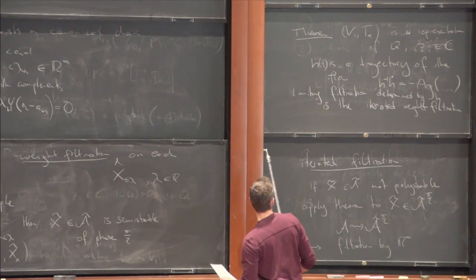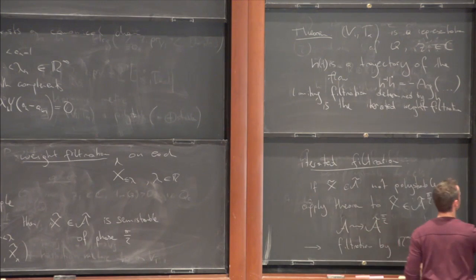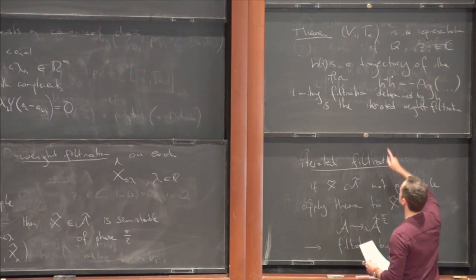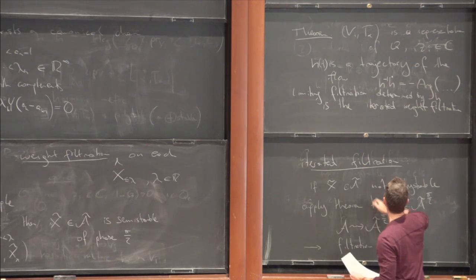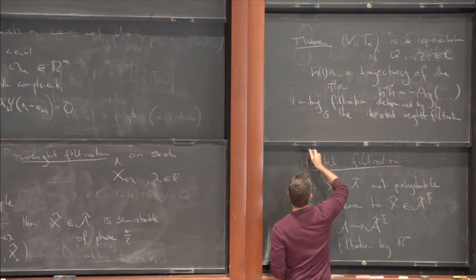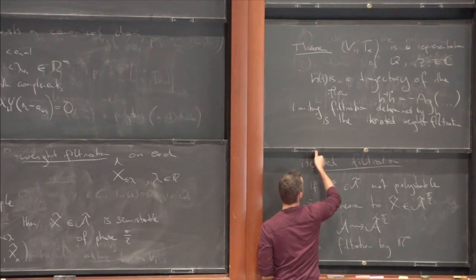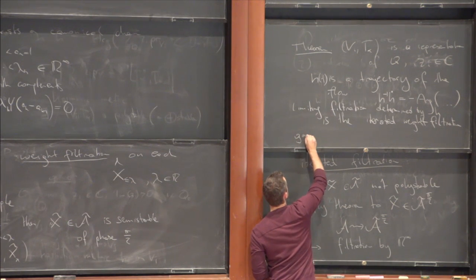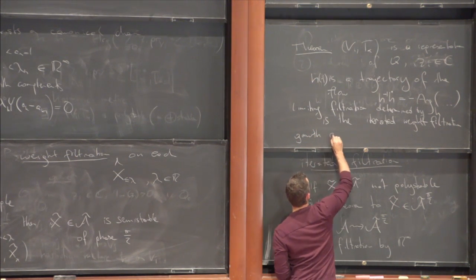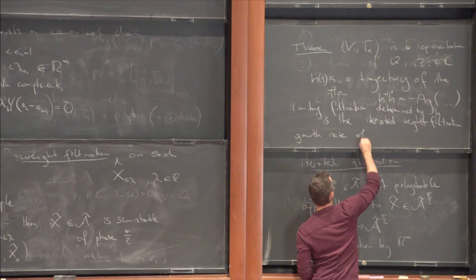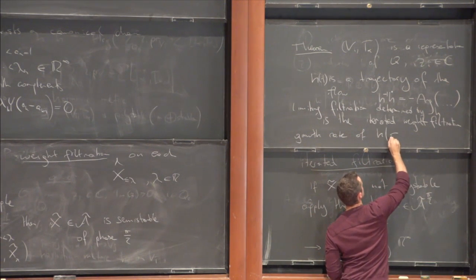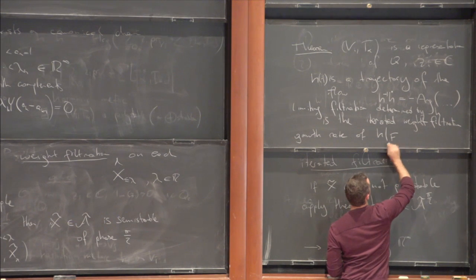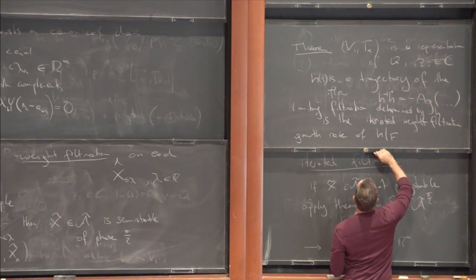And so I've said maybe that before. So the limiting filtration of this flow is then the same iterated filtration, and the growth rates of this metric restricted to the lambda piece. What was it?